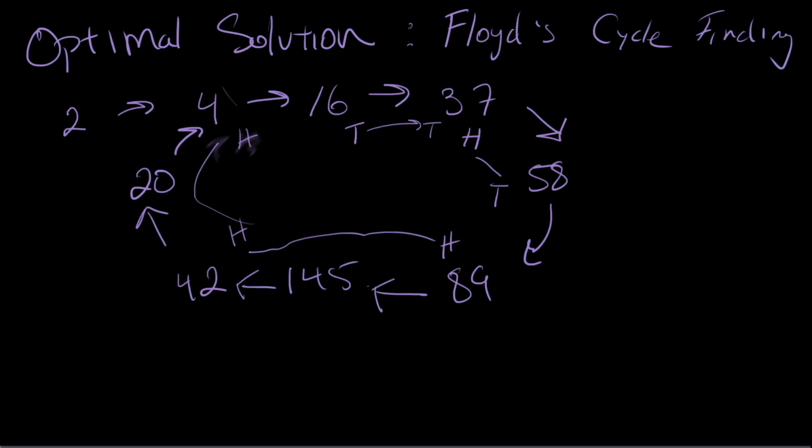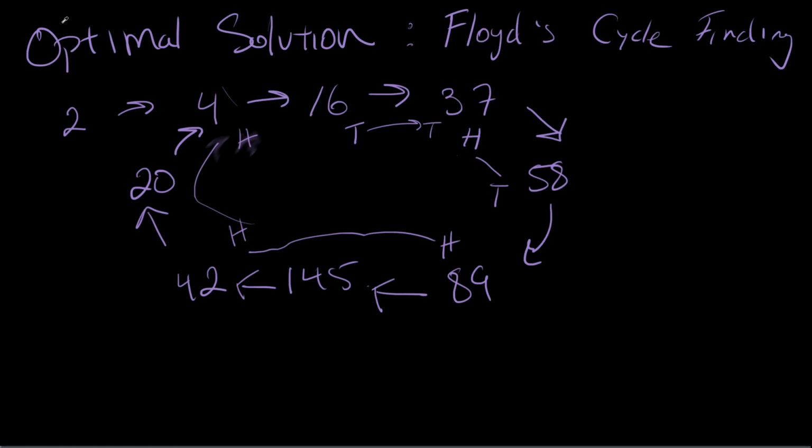There's no worry of the hare hopping over the tortoise, because at every step, the hare will always check, have I reached the tortoise? They will always find each other if they're in a cycle. And if the number is happy, the hare will come to 1 and end the program.